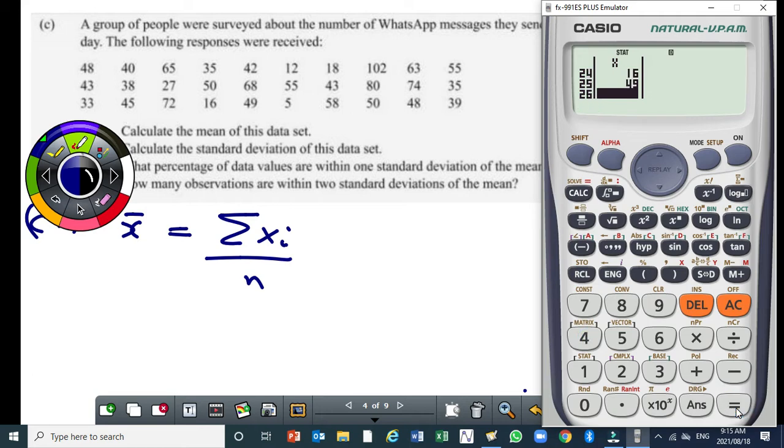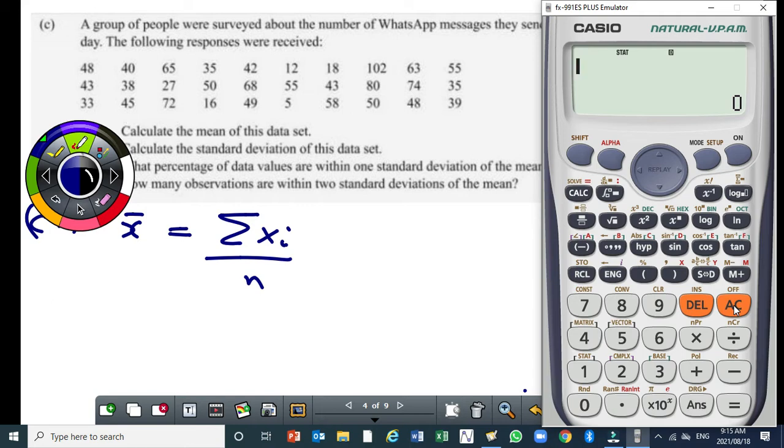But if they do, then you have to be very quick. Once you are done entering all the data, you must press AC. Once you press AC, all the information will be stored in the calculator. You don't have to re-enter it again.